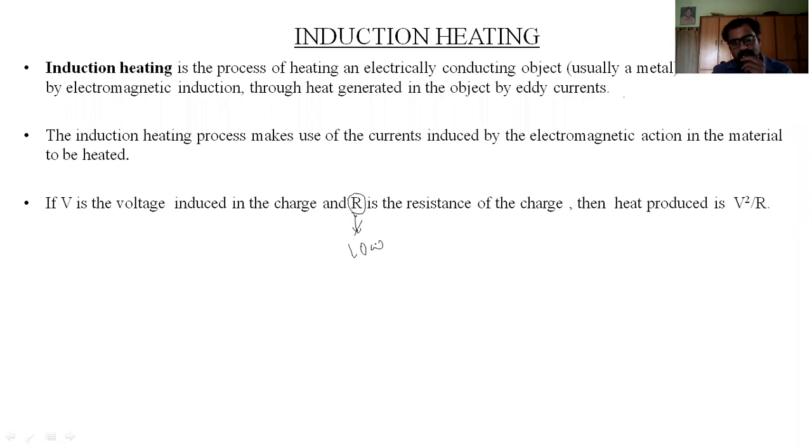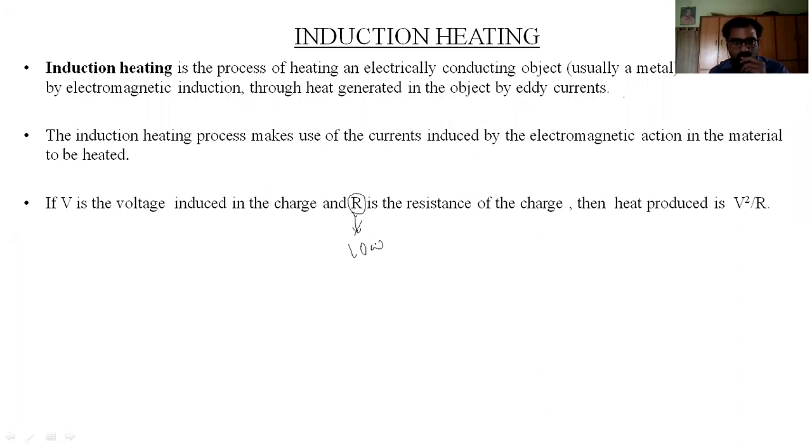So to heat that material, the resistance of the charge must be low, because we need a sufficient amount of heat to be developed to melt the charge. The lower the resistance, the more easily we can melt the charge.